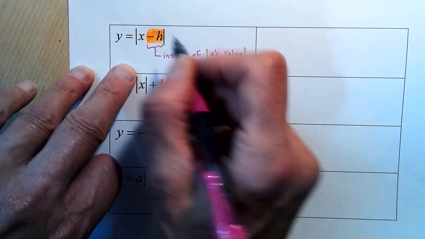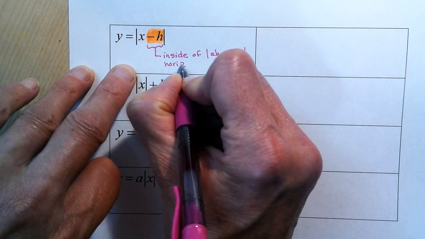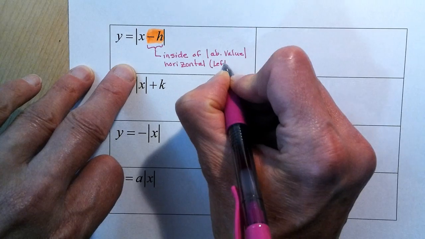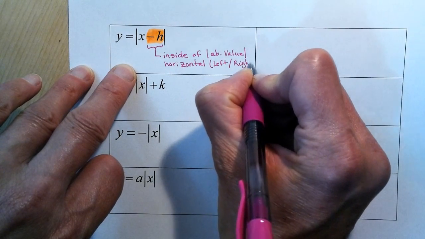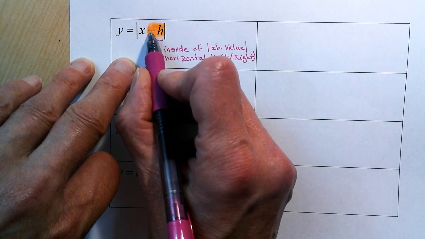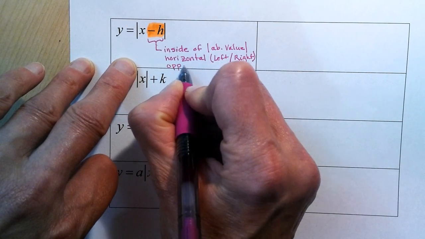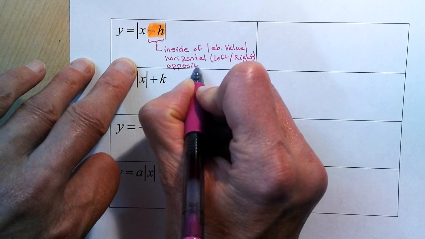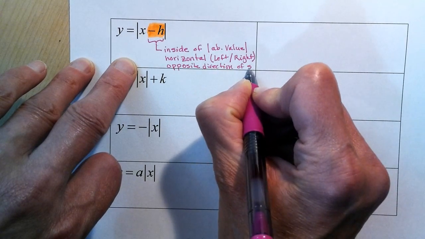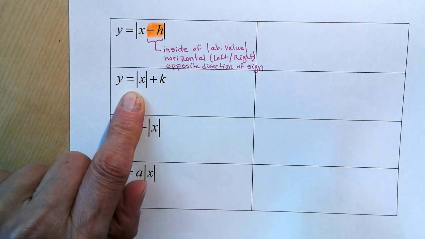H stands for horizontal, and horizontal is either going to be left or right, and it is going to be in the opposite direction of the sign you see. So I'm going to write opposite direction of the sign.